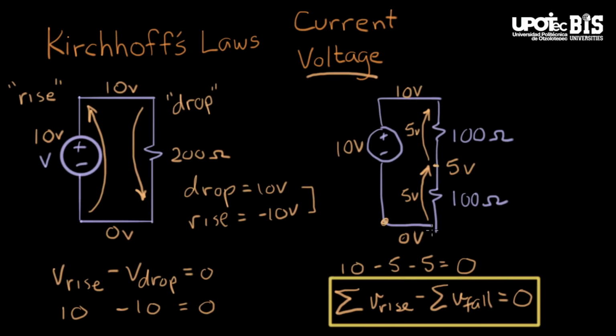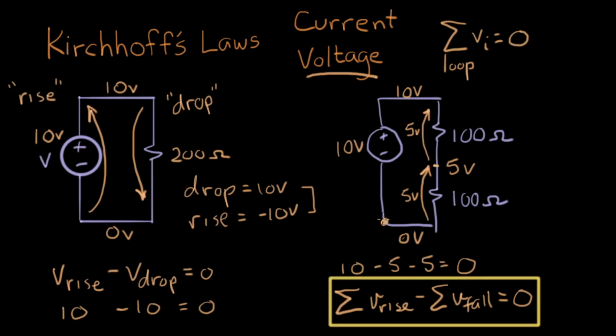So what we're adding is all the voltage rises: a rise of plus 10, a rise of minus 5, and a rise of minus 5. So I can write this with just one summation symbol. The sum of the voltages around the loop, where the loop index takes us all the way around the loop, equals 0.